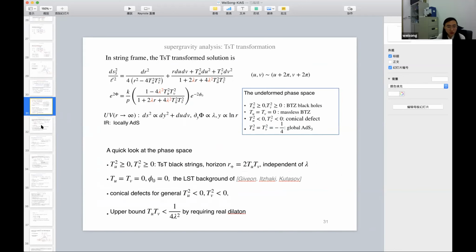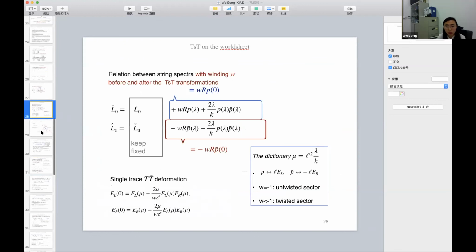So when W equals 1, we say the spectrum derived from string has this parameter W. When W equals 1, this is precisely the double trace spectrum as well.